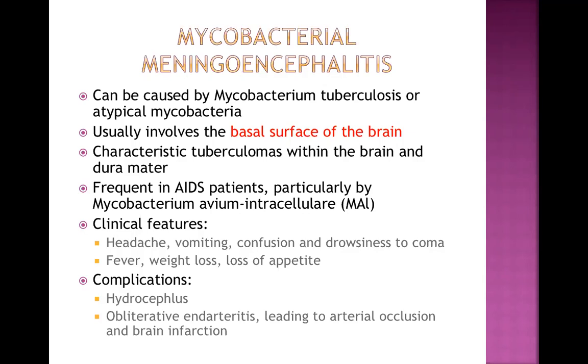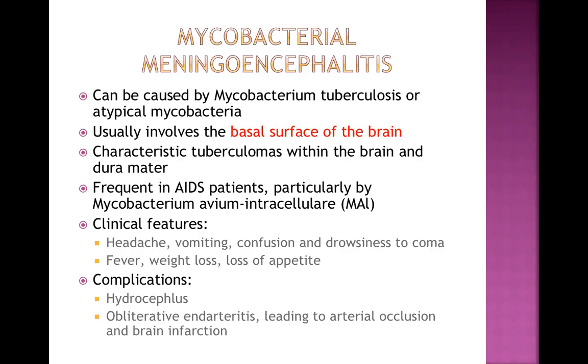Now, one important point here, how does this tubercular organism reach the brain? Okay, remember, what is the carrier of this Mycobacterium tuberculosis organism? Macrophages. They travel through the macrophages. Okay. Now, common complications of mycobacterial meningoencephalitis are hydrocephalus, similar to the complication in acute pyogenic meningitis.